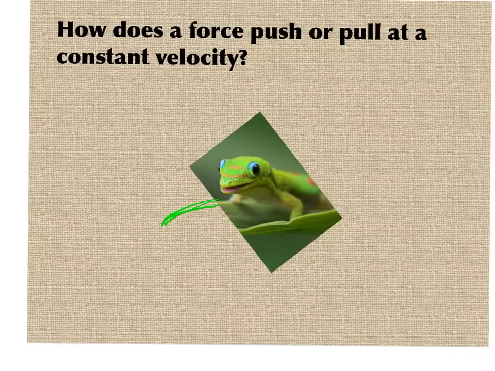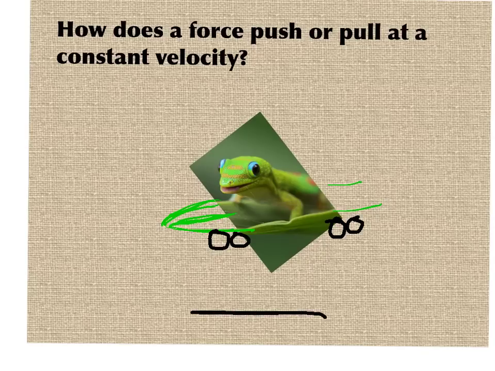Now, let's give Charlie's leaf, let's extend it out here, and let's actually put some wheels on it. So he, or she, is on this wheelie leaf that's traveling in this direction. Okay, so let's talk about how a force that pushes or pulls can go at a constant velocity. Let's go through our four forces again. The net forces are gravity, the normal force.